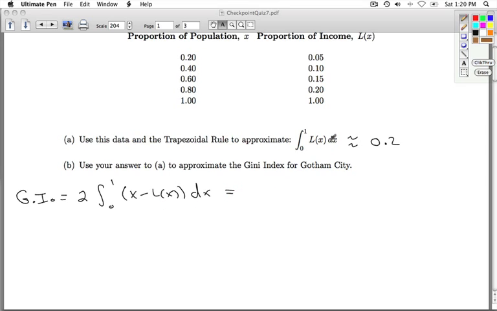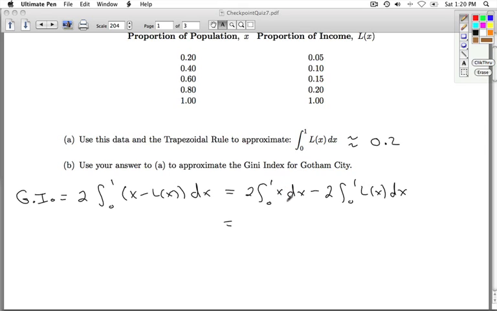Now, we have an approximation for the integral from 0 to 1 of L of x dx. So what we can do is use properties of the integral to break this integral up into 2 parts. The integral from 0 to 1 of x dx, I can use the fundamental theorem of calculus to evaluate that, or heck, I can even go back to geometry and figure that out.